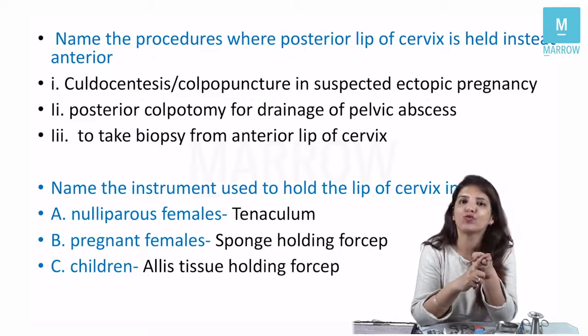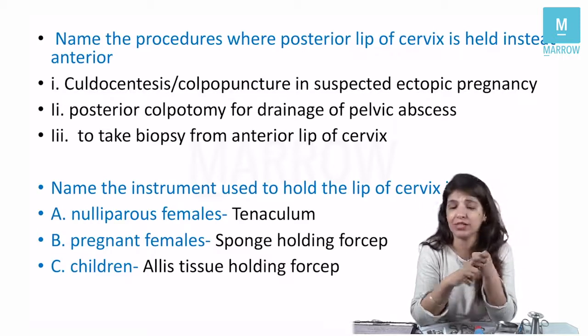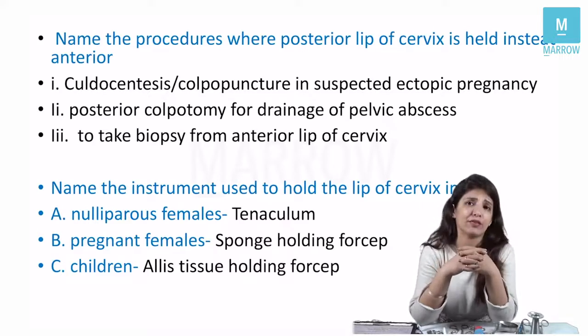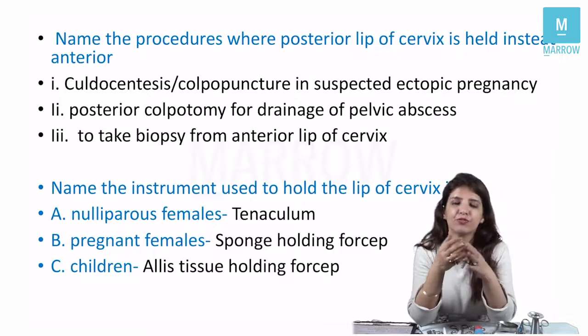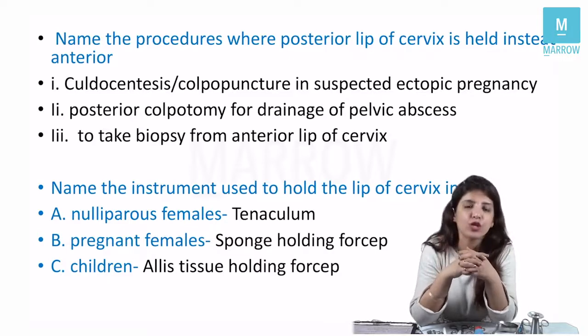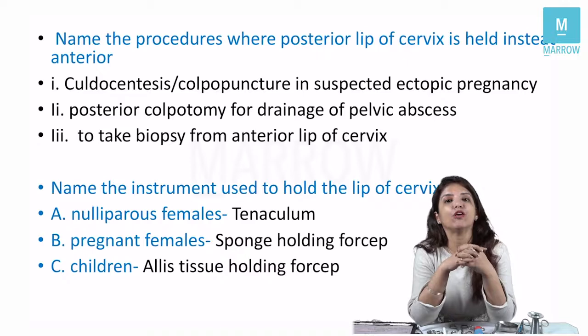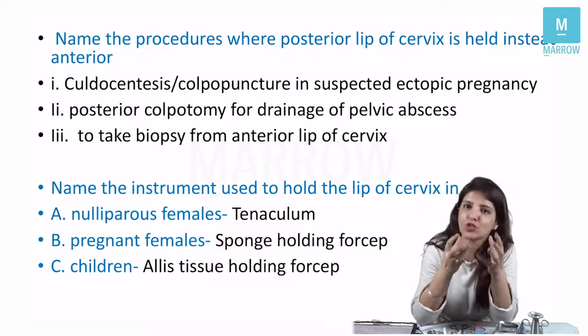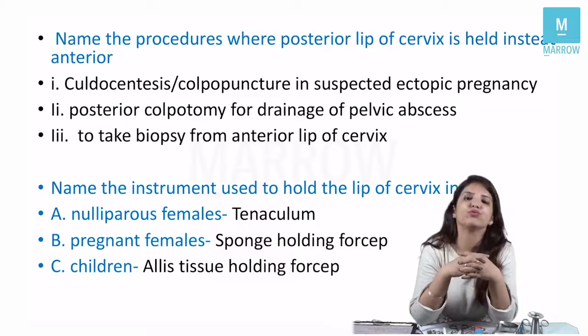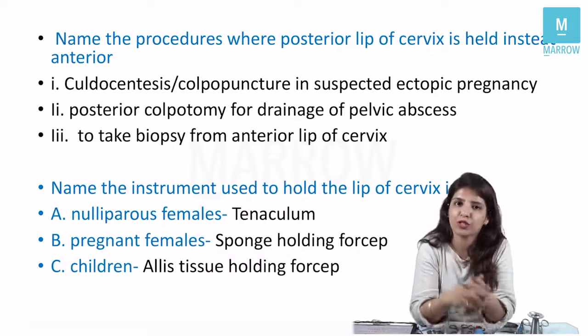And if you have to hold a pregnant female's cervix, and when do you hold a pregnant female's cervix? When you are doing a cervical cerclage. Or suppose immediately after delivery, still the cervix is going to be very soft. So immediately after delivery, if there is a cervical tear, in that case, you have to hold the soft cervix again. You are going to use a sponge holding forceps.